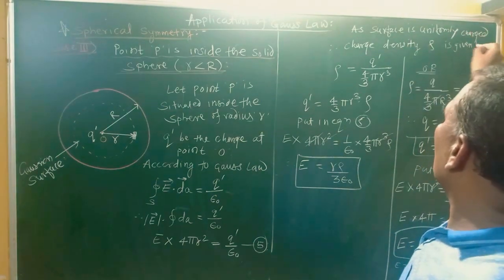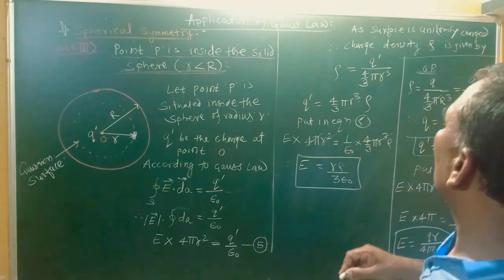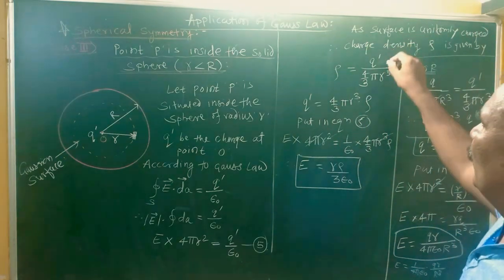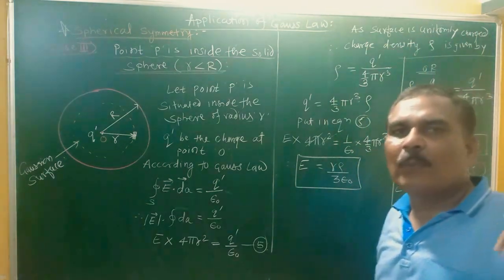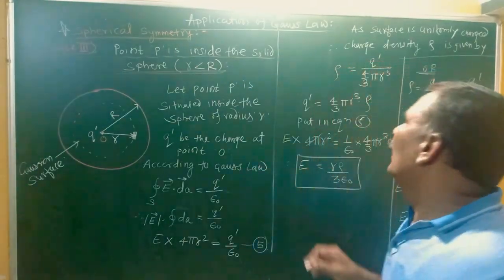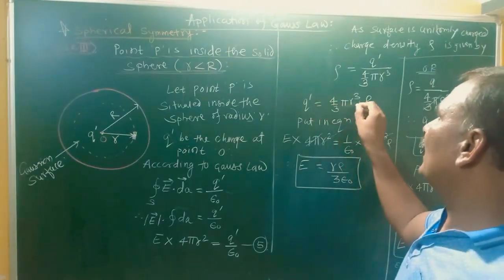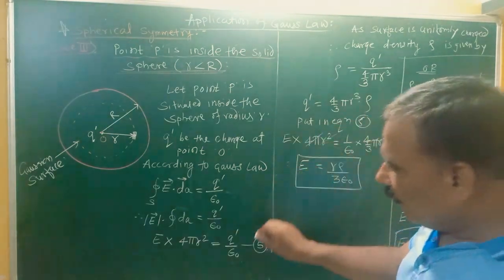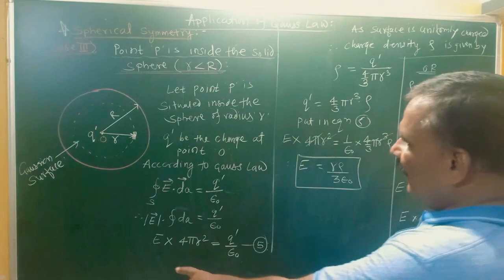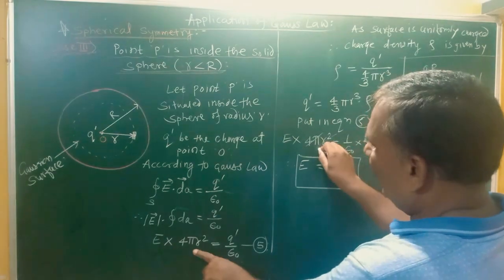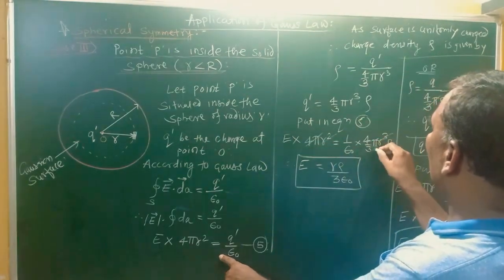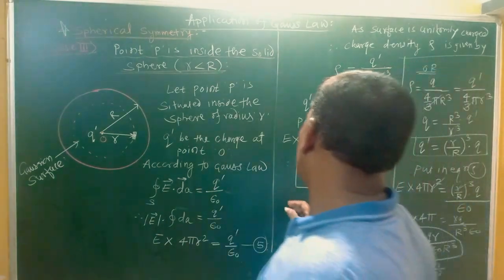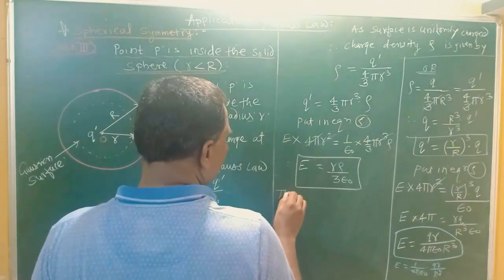As the surface is uniformly charged, charge density is given by charge per unit volume. Volume of the sphere is 4 by 3 pi r cube. So Q dash is equal to 4 by 3 pi r cube into rho. Put in equation number 5, it gives E into 4 pi r square equals 4 by 3 pi r cube into rho divided by epsilon 0. 4 pi r square cancels.